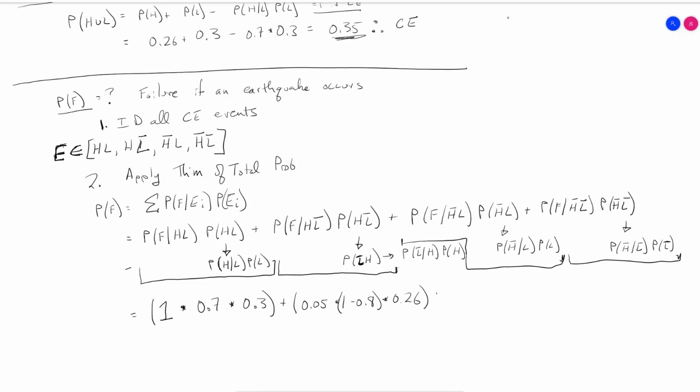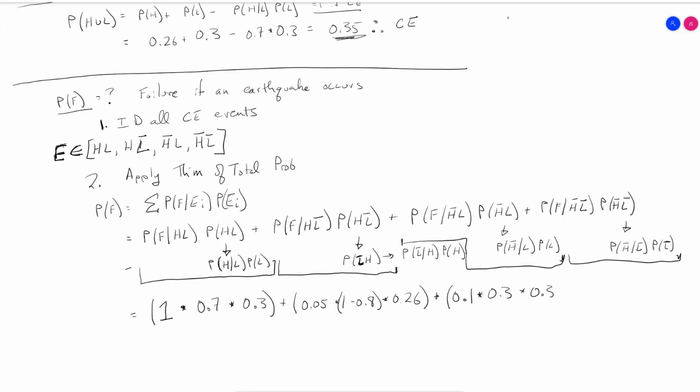All right. Next term, we've got not H given L, and that was something that was stated up front, times the probability of L, which was 0.3. And then we've got this term right here. That is also 0.3. So that's the complement here.